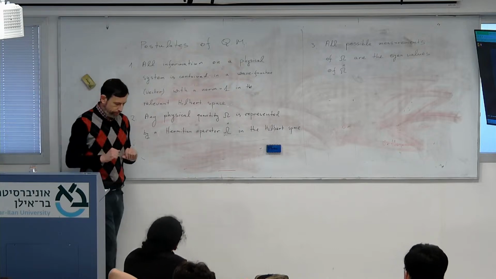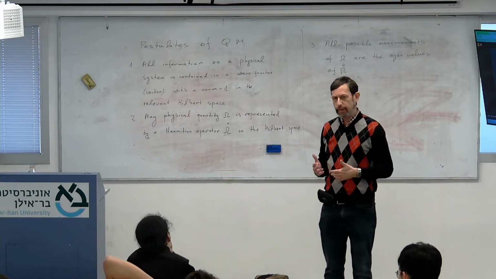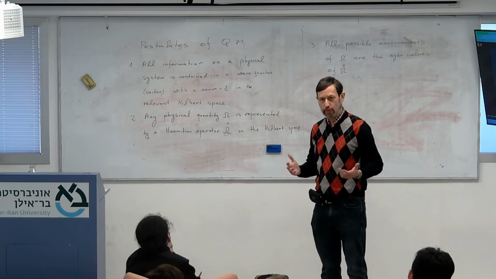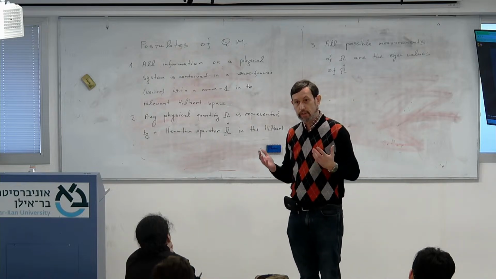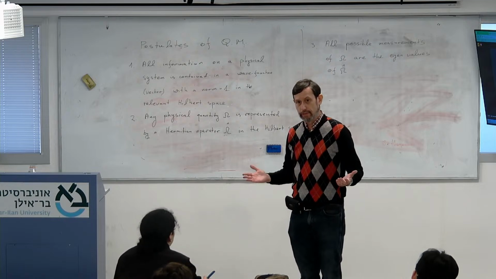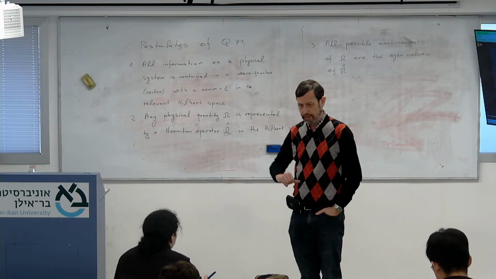So, let me give you another example. Probably in your modern physics or introduction to quantum mechanics course, you learned that you have energy levels. You find the system only at certain energy levels.